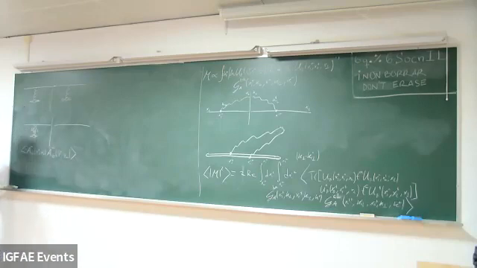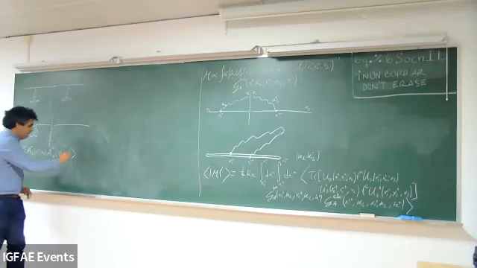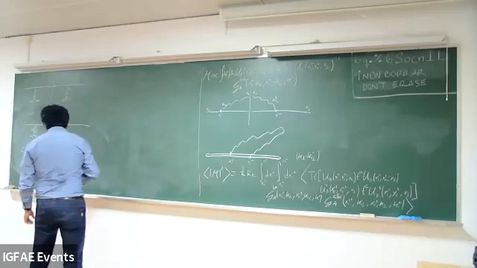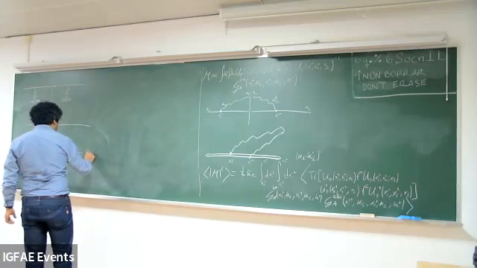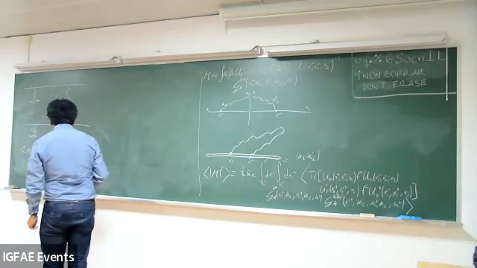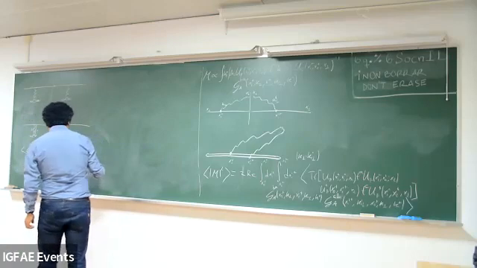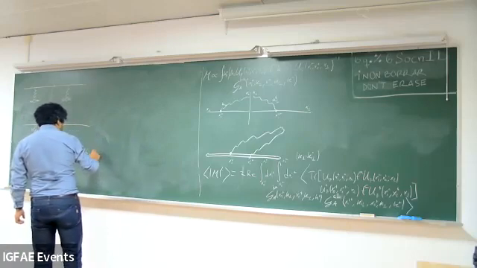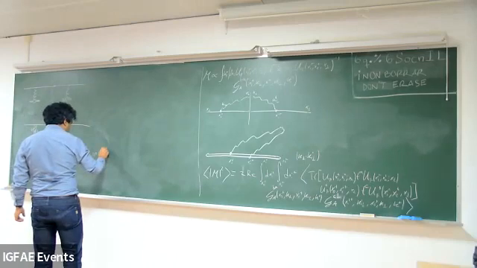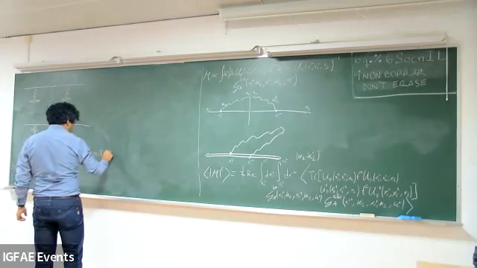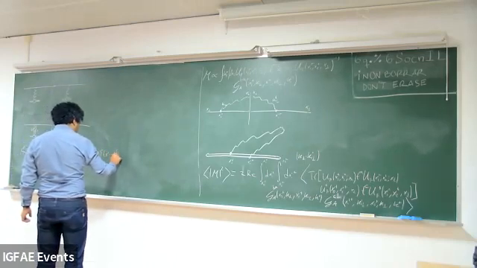Now I'm writing the colors explicitly. And I'm going to say this is diagonal. So this has to conserve color. Now I'm going to impose that this is local in the plus component.